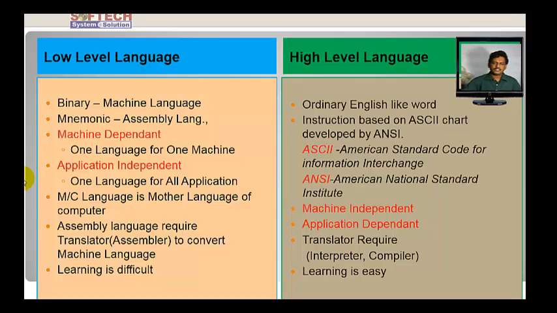In machine language, the symbol is binary, just as in the English language the symbol is A to Z. So the whole structure of computer language is similar to human language. The machine language symbol is binary, that is two states, 1 or 0, presence or absence, signal available or not available, on or off. So an electron has only two states. We represent them in symbols, that is 0 or 1.